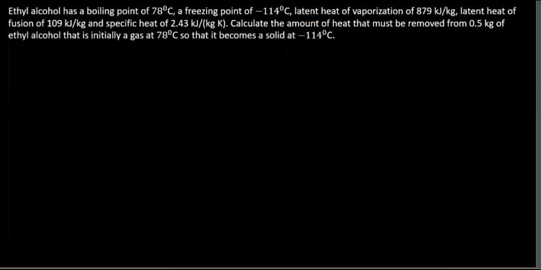Problem 2. Ethyl alcohol has a boiling point of 78 degrees Celsius and a freezing point of minus 114 degrees Celsius. Latent heat of vaporization of 879 kilojoules per kg. Latent heat of fusion of 109 kilojoules per kg, and specific heat of 2.43 kilojoules per kg per Kelvin.